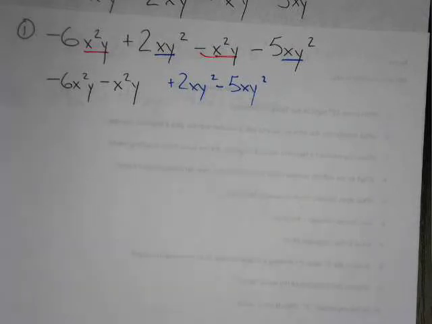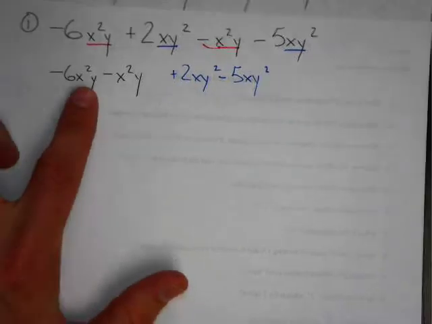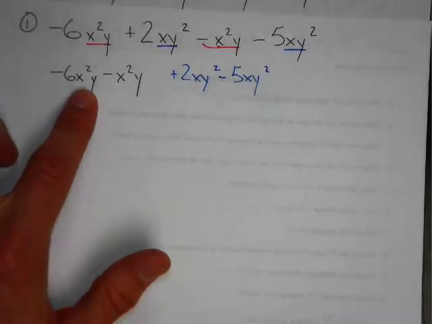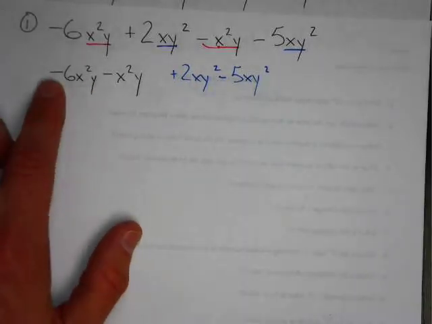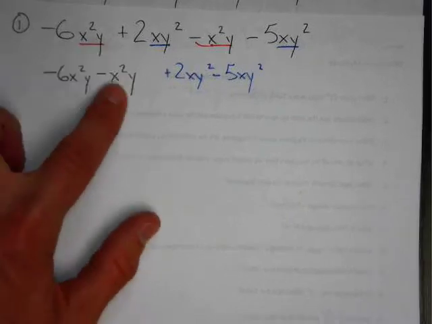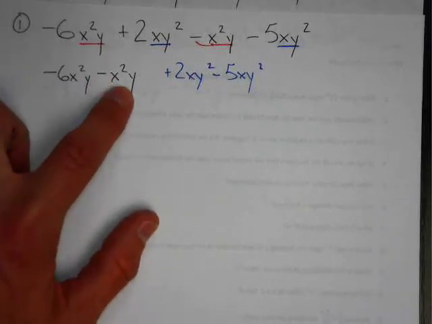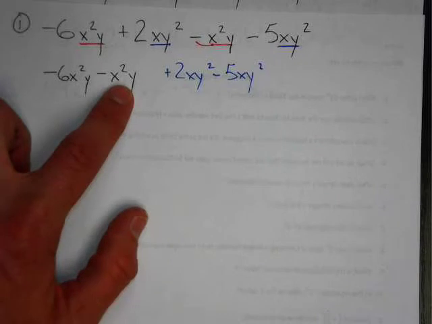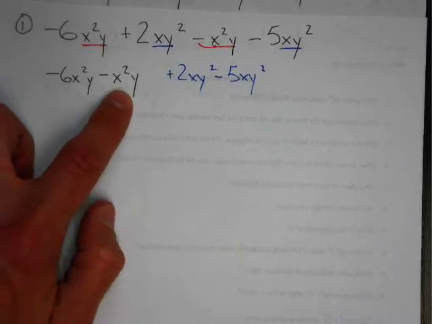So now we have, again, all of these confusing variables and exponents and stuff. But if you're thinking in terms of units of measure, everything becomes a bit simpler. Remember, this unit of measure is x squared y. So there's -6 of them. So we have -6 x squared y's, and then we're taking away how many x squared y's? How many x squared y's is this? It's only one of them. So we had -6.